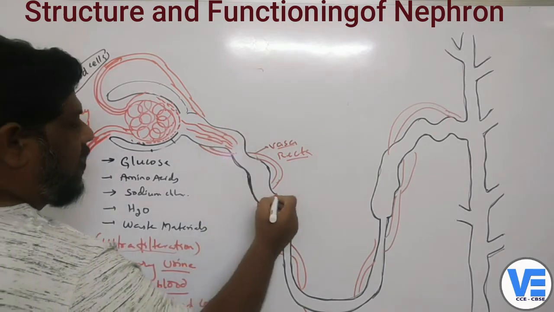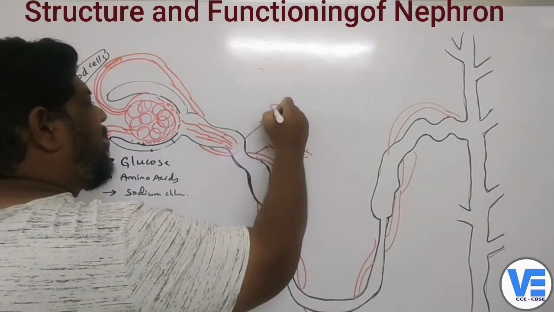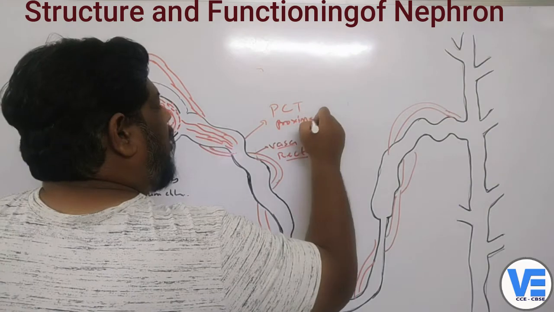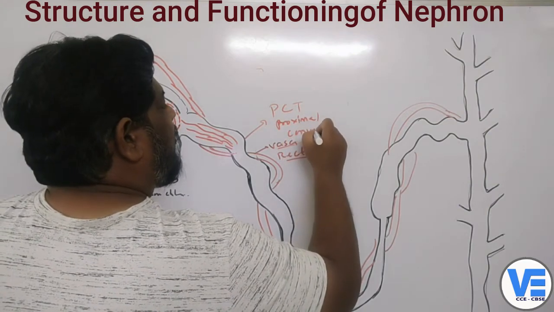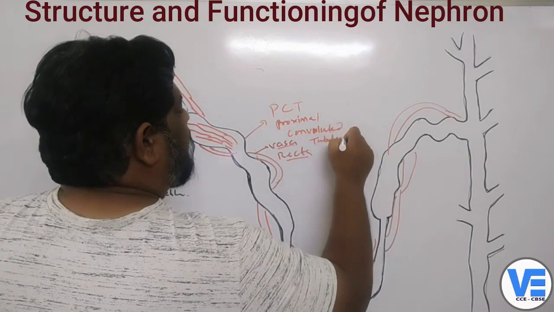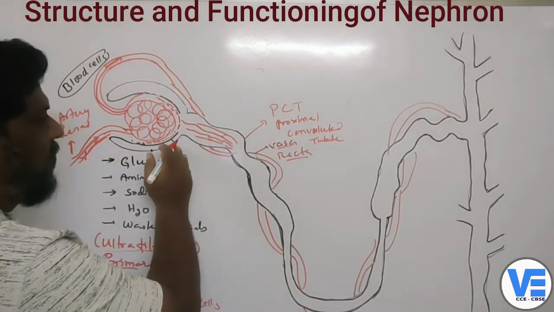What is this one? PCT. What is PCT? Proximal convoluted tubule. That is the second part after the glomerulus, after the Malpighian body.